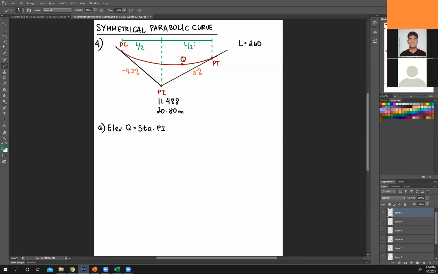And then another thing you can know is that this is... Anyone, what is this length? What's this? From PC, the horizontal distance from PC to the sag. Correct, Reynald. It's S1.